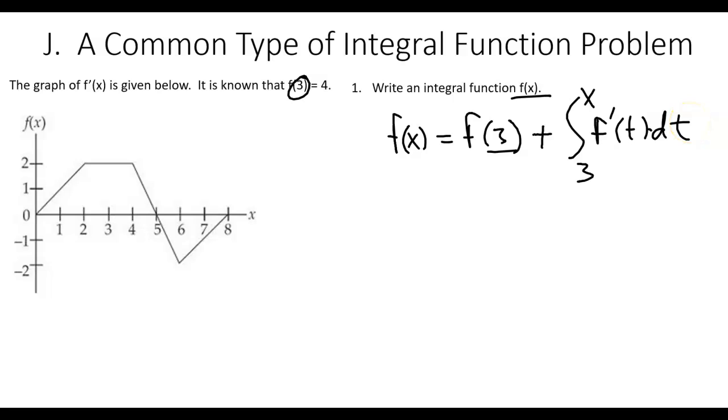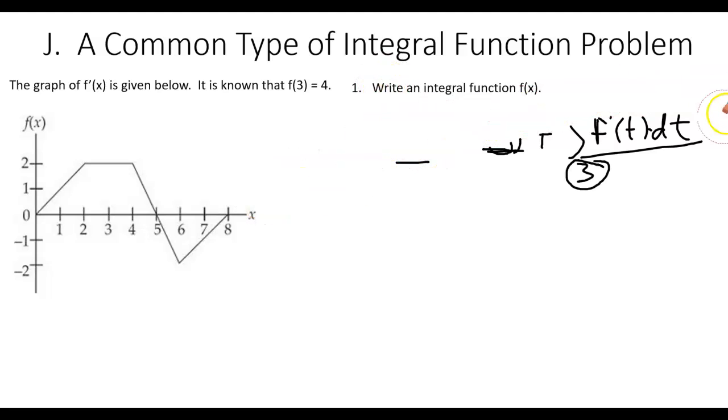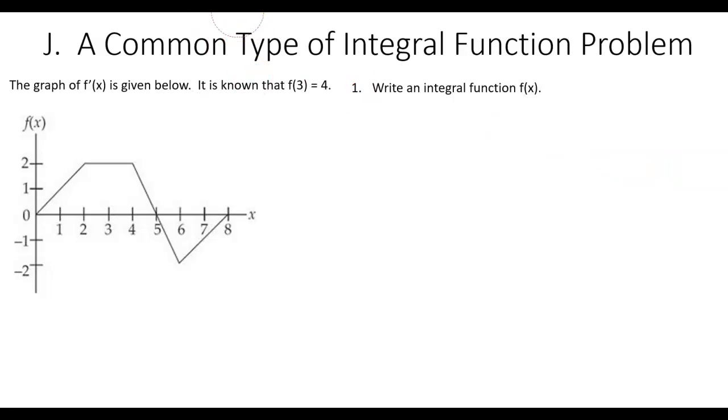This is a lot like our rate in, rate out type of questions, it's just that there's only one derivative. So you have your starting amount plus your net change gives you the total amount. The trick is to make sure that this number and this number match, and those numbers come from here. So there's our integral function. I'm going to erase this as I go because I don't have space, but you can maybe squish yours on the back page.